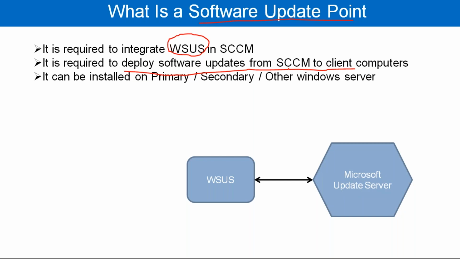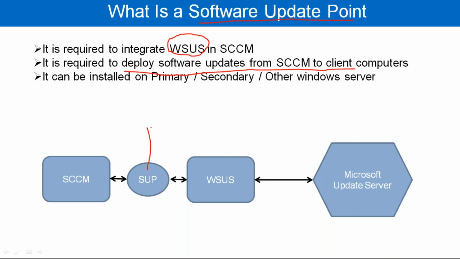But if you would like to integrate WSUS in SCCM, you need software update point. So software update point will help you to integrate WSUS in SCCM. And from WSUS, you can deploy patches to your target computers. So patches can be installed to your devices.